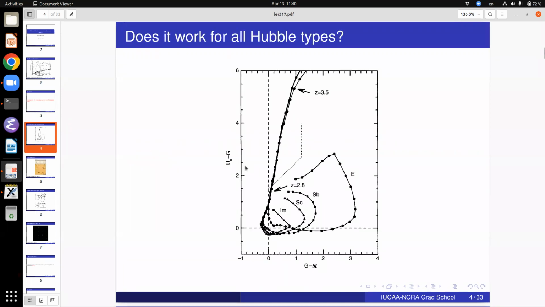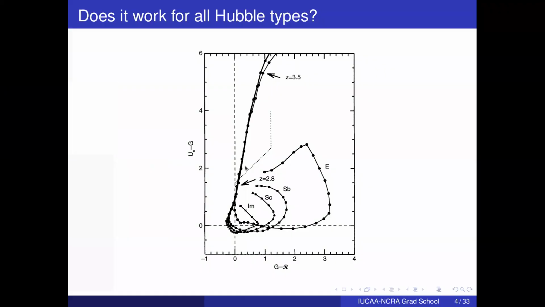So now what has been done here is that one takes a spectrum of a typical elliptical galaxy, SB galaxy, SC galaxy, and so on, and computes the color by placing this galaxy at different redshifts.